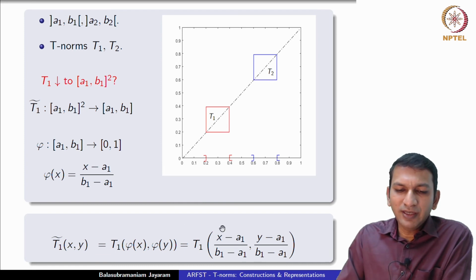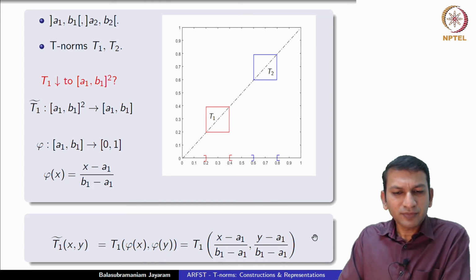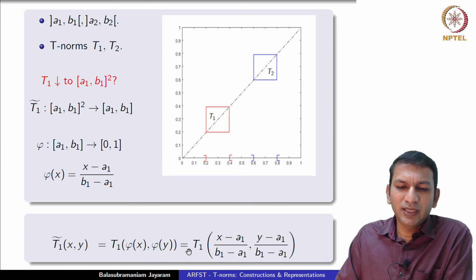Now, if you look at it, this is just a linearly transformed form of arguments, and T1 is acting on them. And what is interesting about this T1? If x is A1, then this is 0, so then this is 0. If both x and y are B1, then this is T1 of 1, 1.